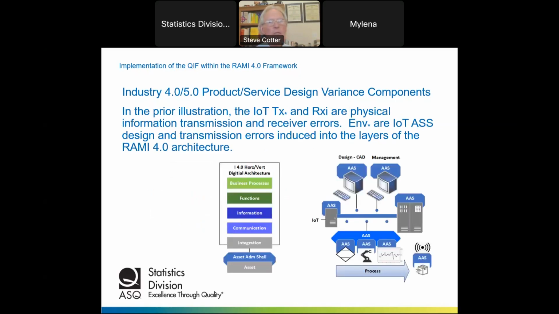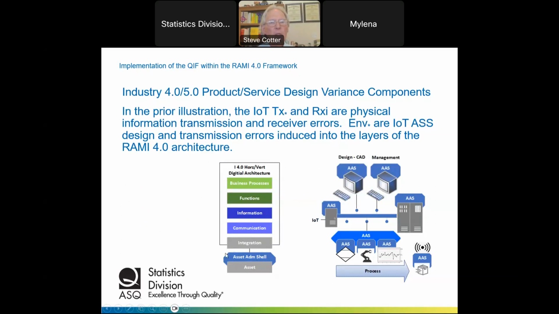So in the prior illustration, IoT, TX, and RXI are physical information transmission receiver errors in the environment, and the IoT, in this case, the asset administration shell, and the transmission errors induced into the layers of the RAMI 4.0 architecture. I discussed the RAMI 4.0 architecture last year in May, and it's really represented here, where we have different layers: the business layer, the functional layer, the information communication integration, then the asset itself.